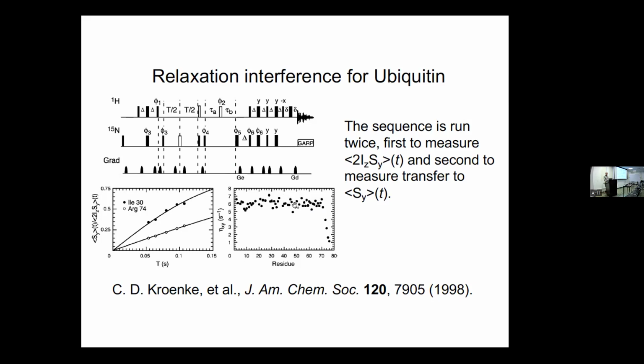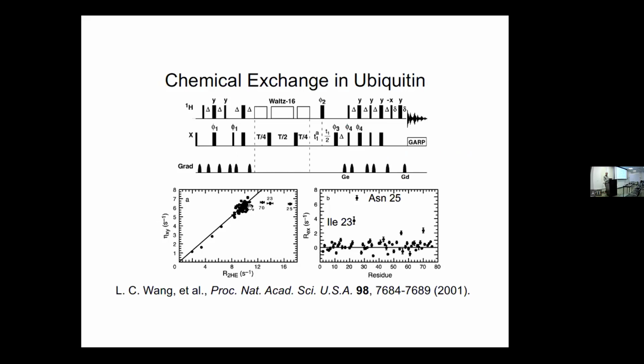Here it is for ubiquitin. And then the comparison pops out the exchange broadened results. Because again, effectively, the interference rate constant is the difference in rates between the multiplet components. It doesn't depend on exchange, but R2 depends on exchange.